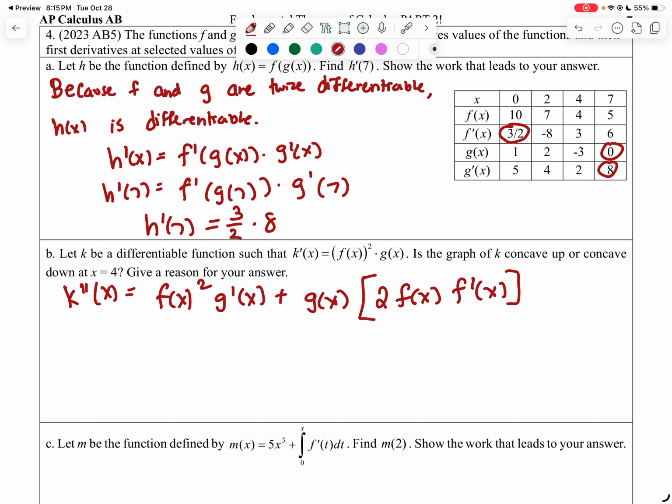And then we just gotta plug in everything in terms of 4. Ooh, this is nasty.